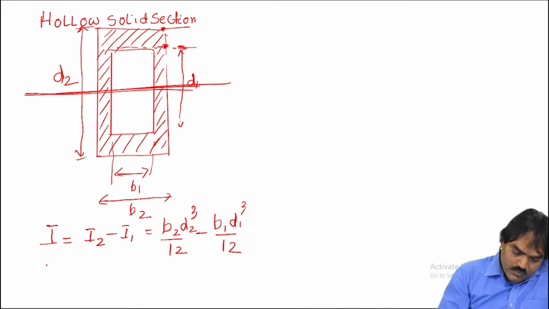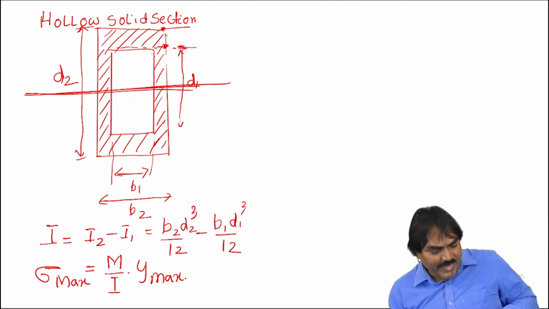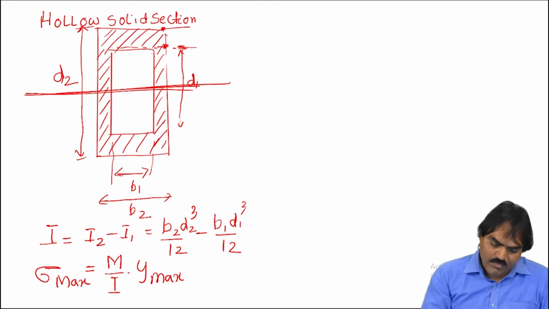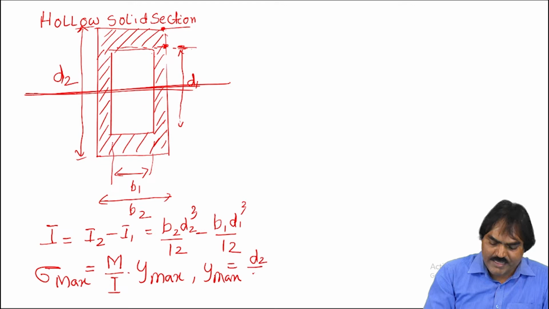Sigma max, the maximum bending stress is given by M by I into Y max. From this we can find the maximum bending stress. But what is Y max? Y max is D2 by 2.